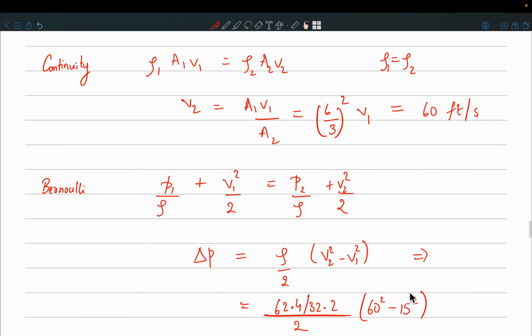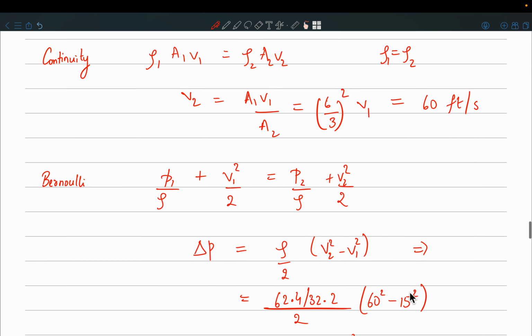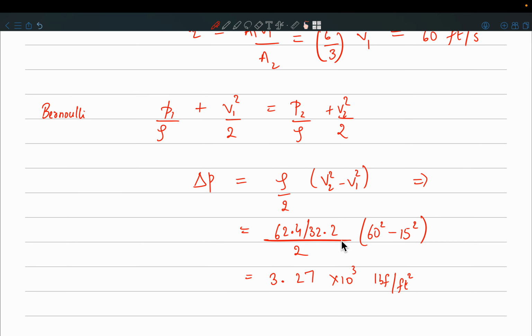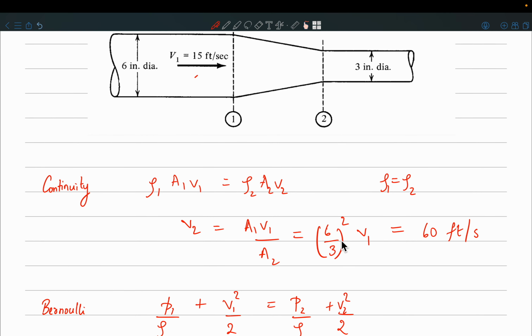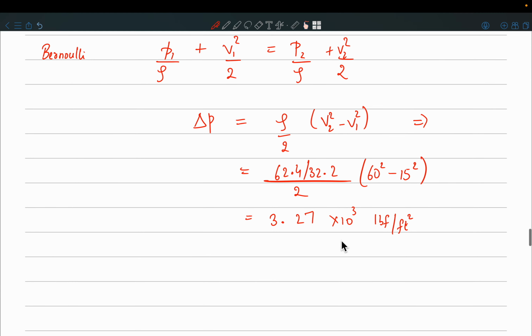Yes. It can be in any units. Mostly they give it in SI units. Yeah, but see, the main thing is these equations is what you have to be careful about, that you should know how to apply. Okay.